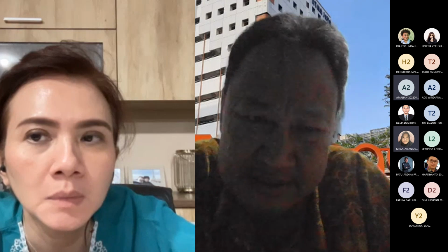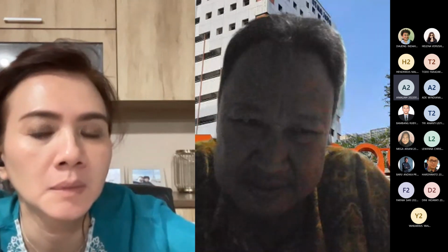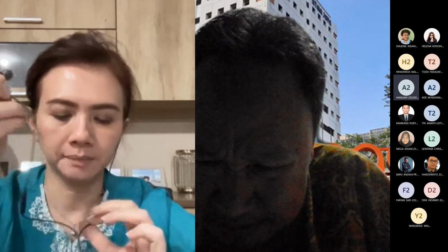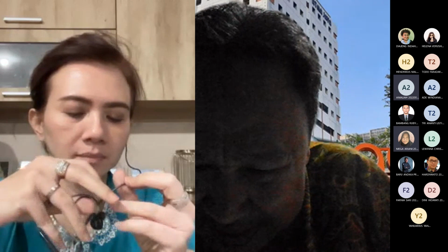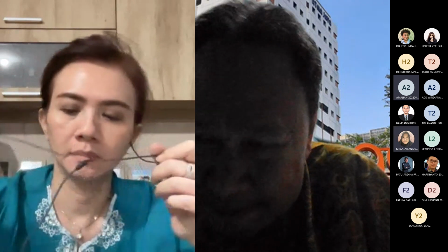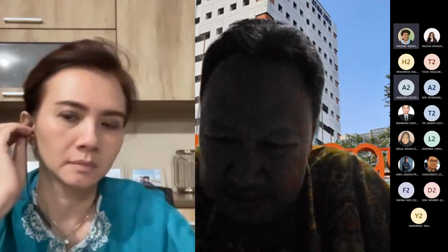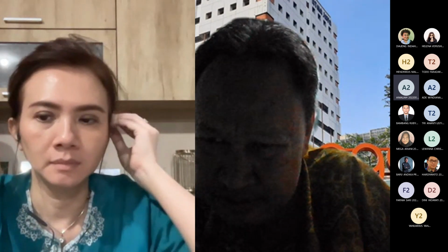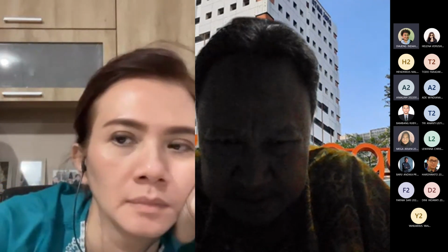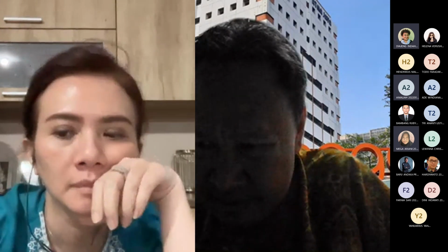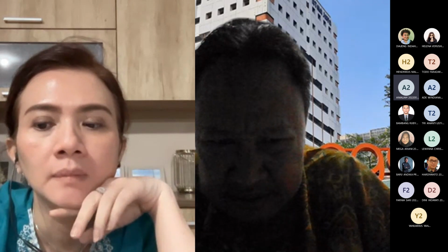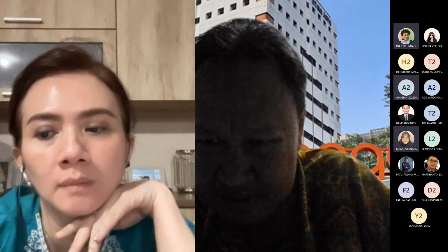When you click share, you look at window, and then you select the one you opened. The share button is right beside the leave button, right beside the red button. Okay. Thank you. Anytime.